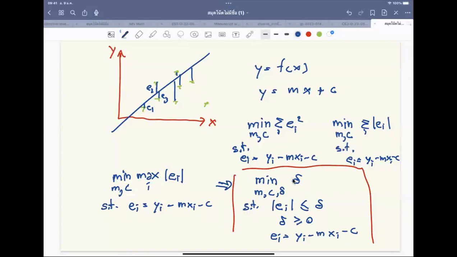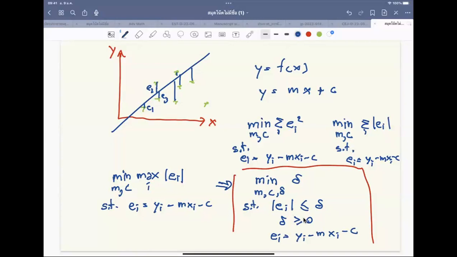And because delta is the maximum error, all the absolute values of EI must be less than or equal to delta, right? Here we define each absolute error must be less than or equal to delta. And the next line is delta must be greater than or equal to 0, must be positive. Of course, it must be positive, right?